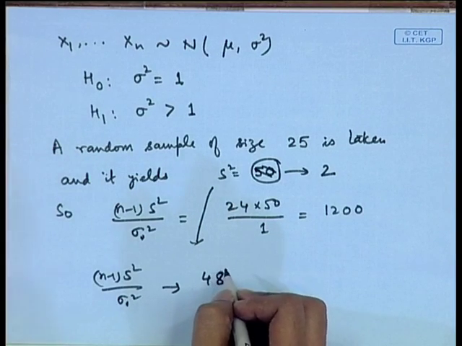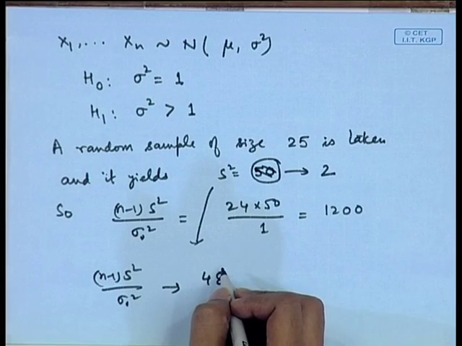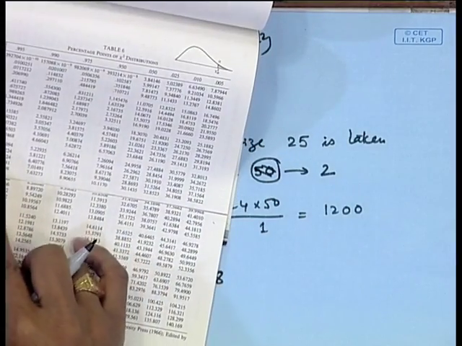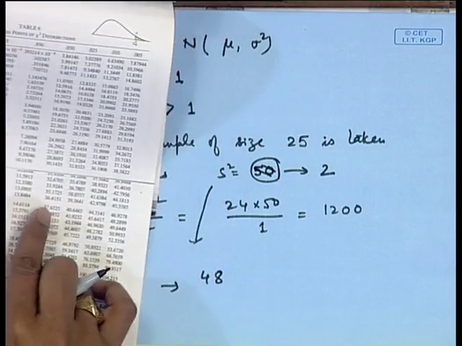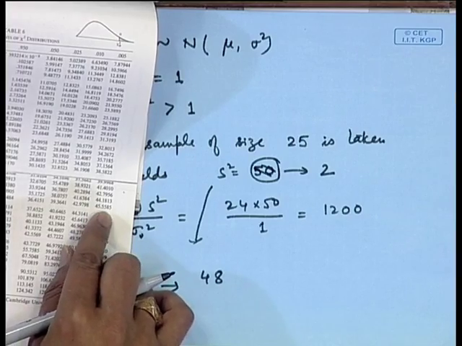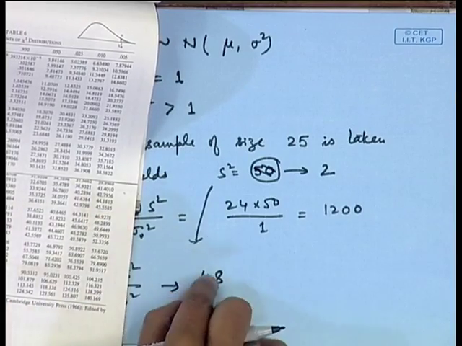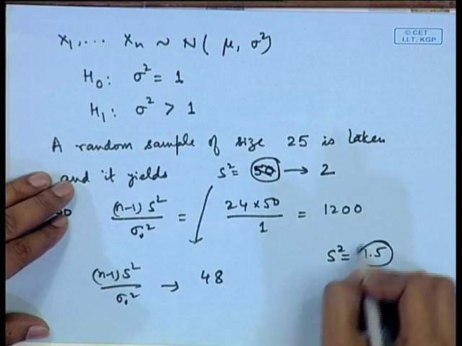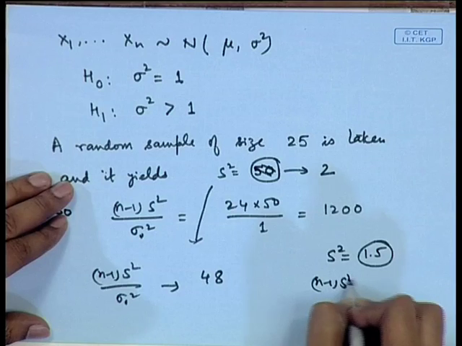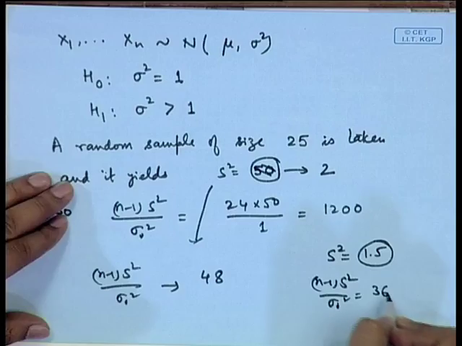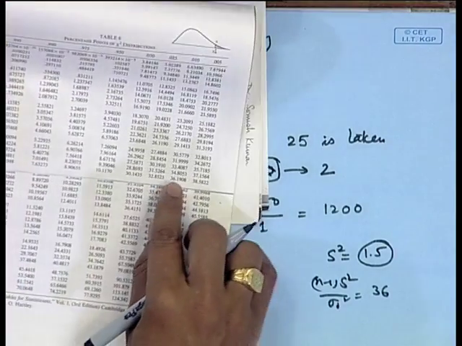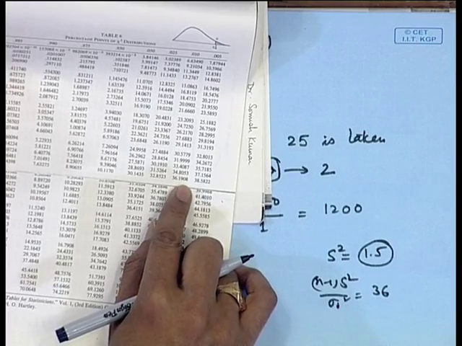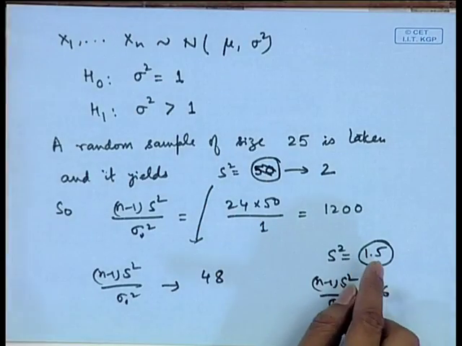Now, if we are looking at the tables of the chi square distribution, one may easily observe the difference, because if I am looking at 24 degrees of freedom, at a certain level of significance after 0.05 the value will cross this one. In fact, with little luck, suppose I am taking s square equal to 1.5, then n minus 1 s square by sigma naught square would become equal to 36, and you can see even at 1% level of significance the value is 36.19, and therefore, we will not be able to reject H naught here.